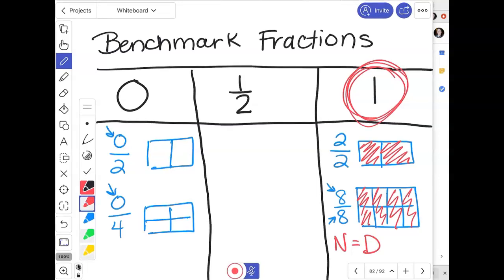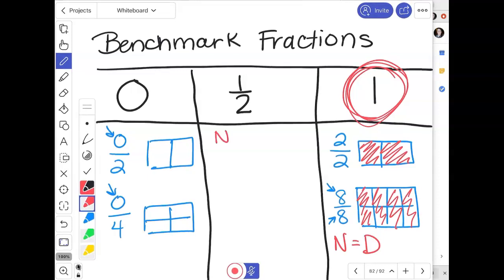Okay, so you also learned in third grade that there are an infinite number of fractions that are equivalent to 1/2. Any fraction is equivalent to 1/2 if the numerator is half of the denominator.